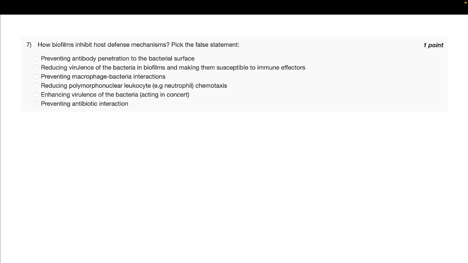Yeah, option 2, reducing the virulence of bacteria. Okay, reducing virulence of bacteria and biofilms and making them susceptible to immune effectors. Okay, that is one response. Anybody else? Yes, option 2, madam. Okay, thank you. Others? Option 2, ma'am. Okay, thank you for answering.